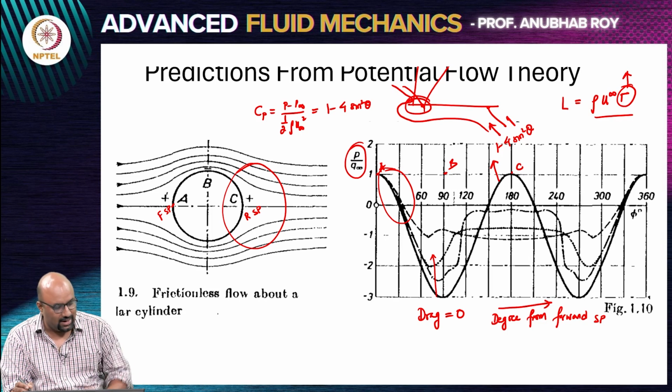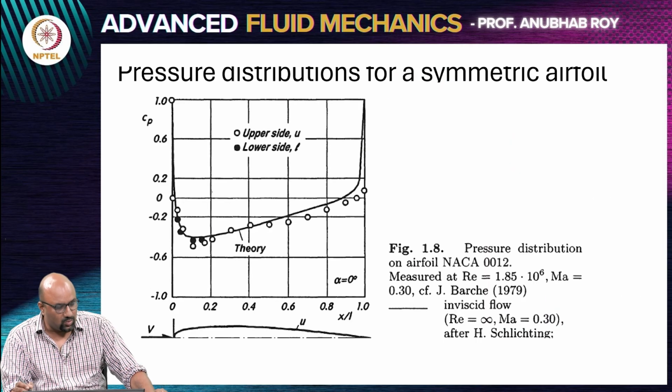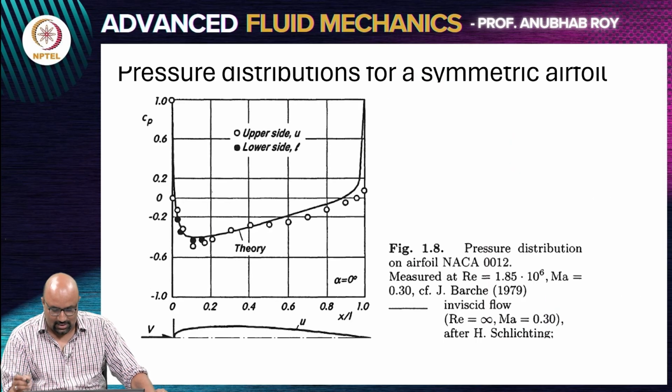theory obviously gives us this value of lift, but the pressure distribution, would it be this bad if the object was not like a circular cylinder? So, if the object was more streamlined, so this is a symmetric airfoil and you have an angle of attack that is 0 here. So, this is incident along the axis or along the line of symmetry of the airfoil.